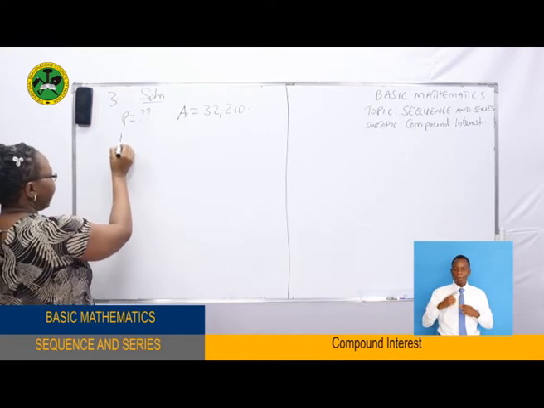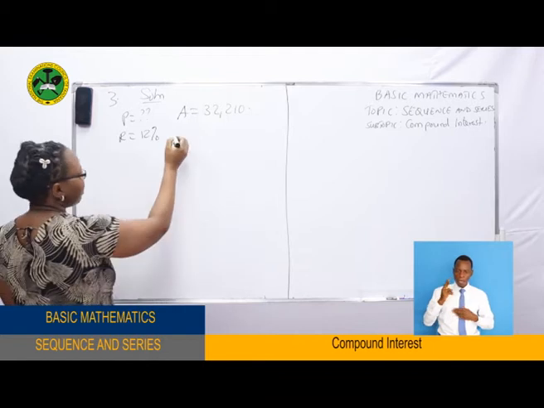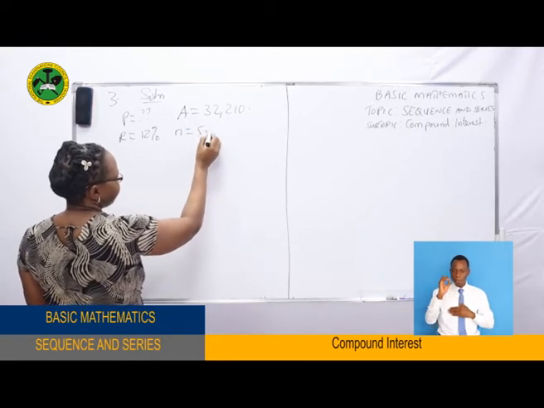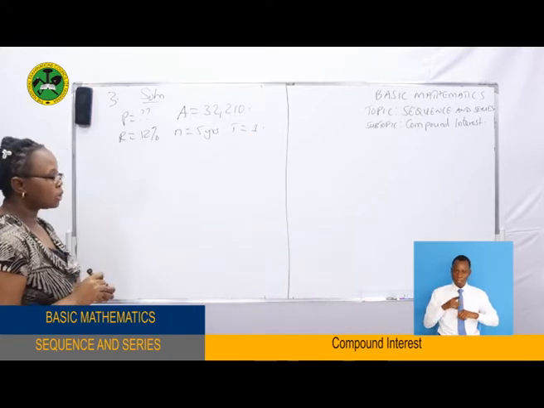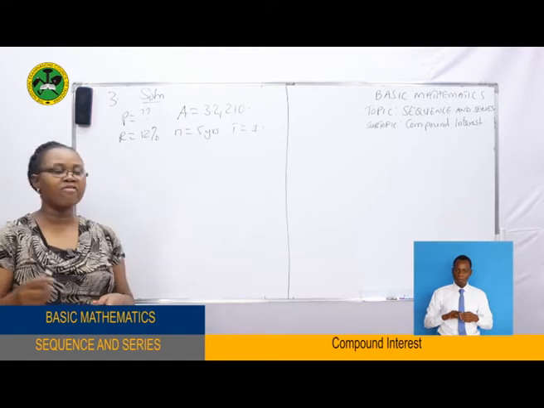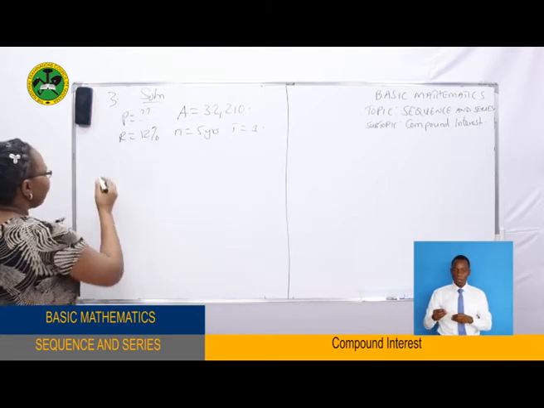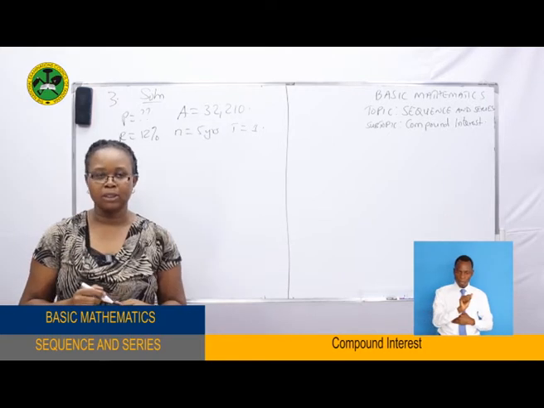Also, we are given the rate, which is 12%, the number of years, 5 years, and the time equal to 1. So, by using these variables given, we will find part A, how much did they deposit?